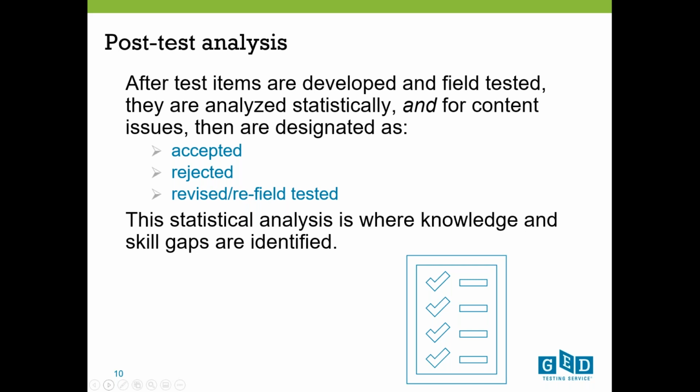We get the results back and we analyze them both statistically and for content issues to make sure that we didn't do something inadvertently to skew the results. We then either accept the item as it is, we reject the item for one of a number of reasons, or we find that it's not good enough to be accepted, but we do know how to fix it, so we'll revise it and then we'll put it back in the field test pool.